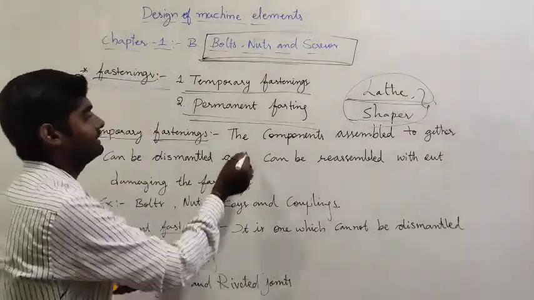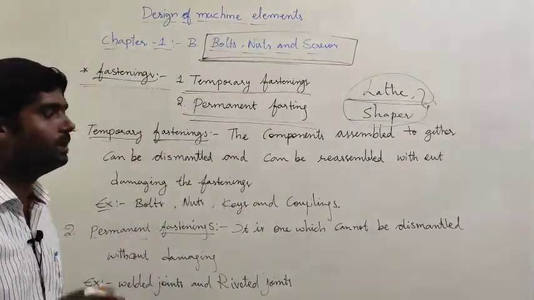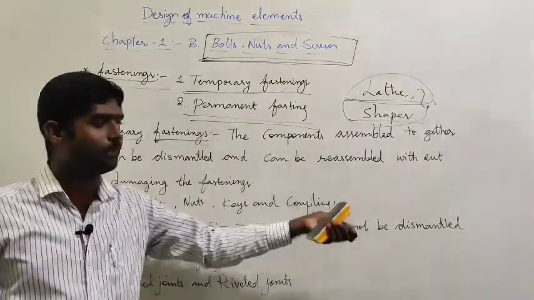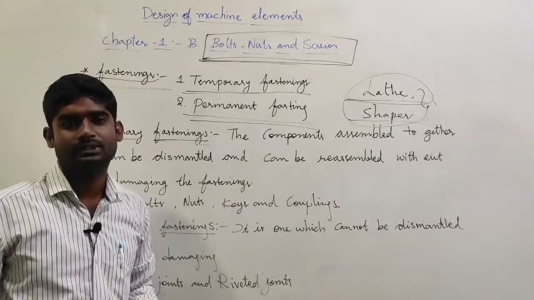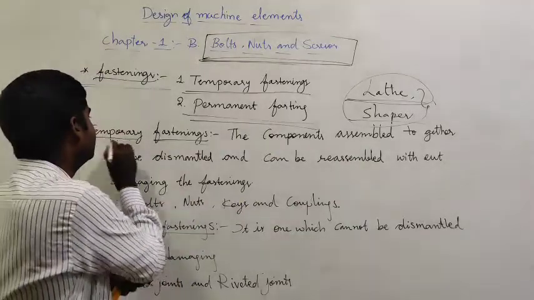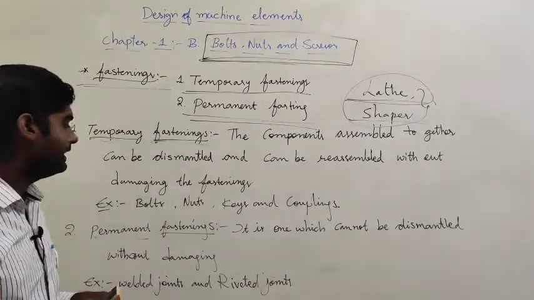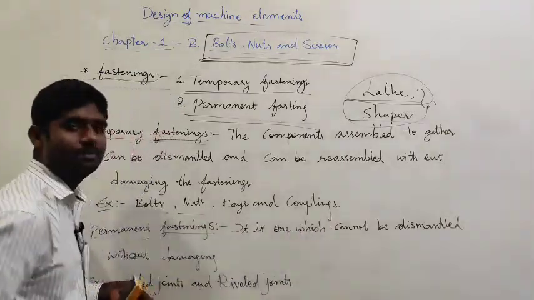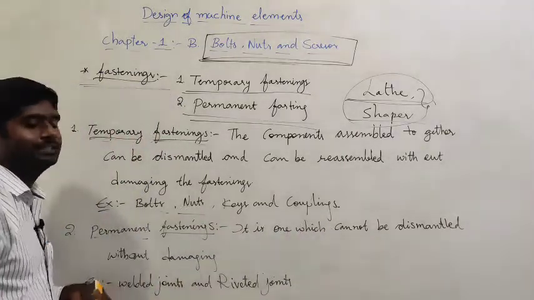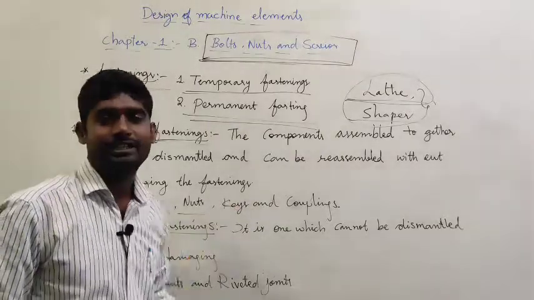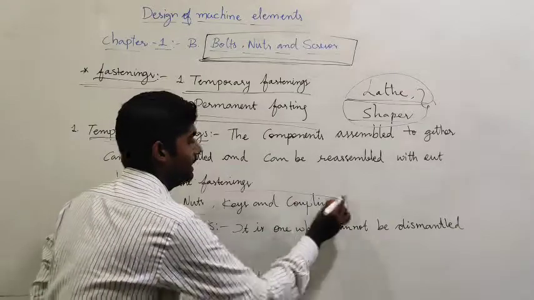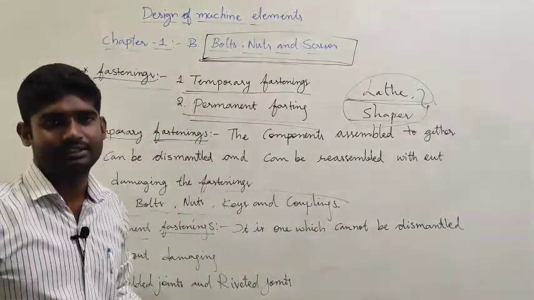That is called temporary fastenings. Let's see some examples: bolts, nuts, keys and couplings. These are all screws also. These are all temporary fastenings.